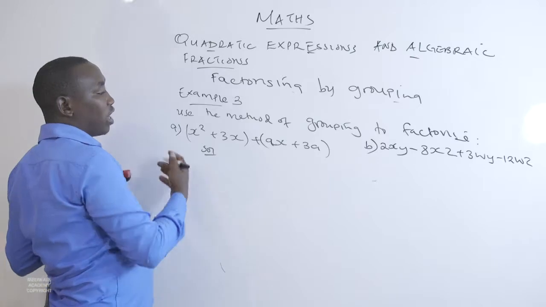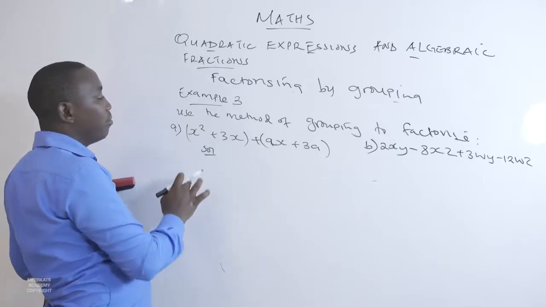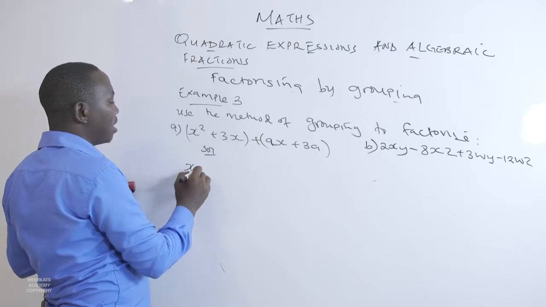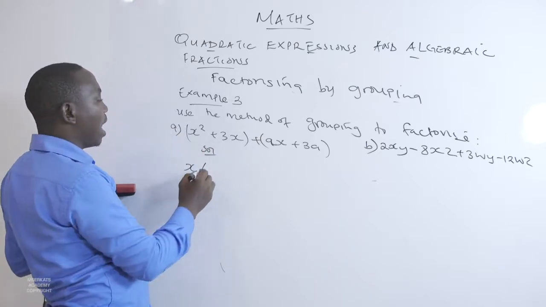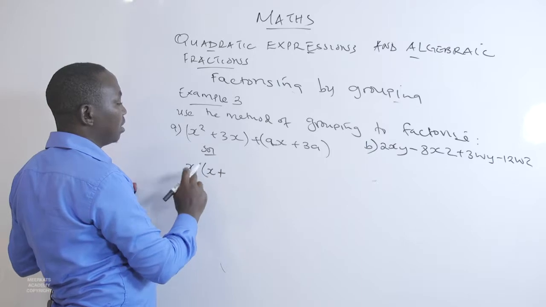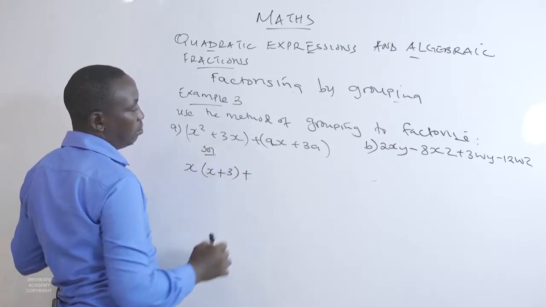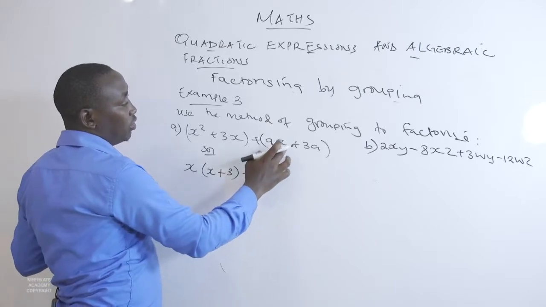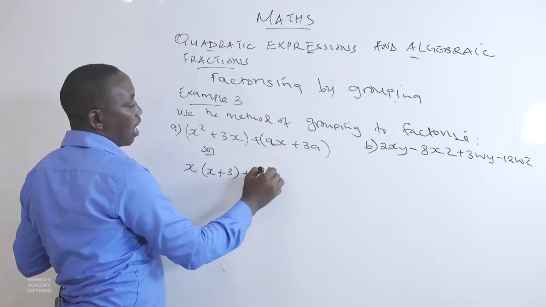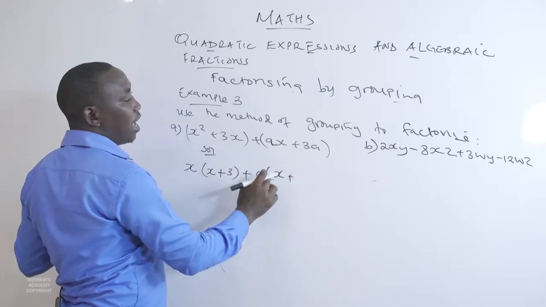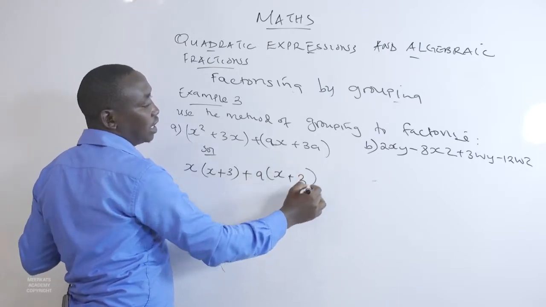After grouping, you can factorize each of them independently. The common factor between x squared and 3x is going to be x. x goes into x squared x times, plus x goes into 3x 3 times, plus the common factor between ax and 3a is a. a goes into ax x times, a goes into 3a 3 times.